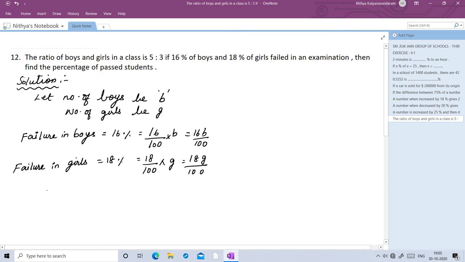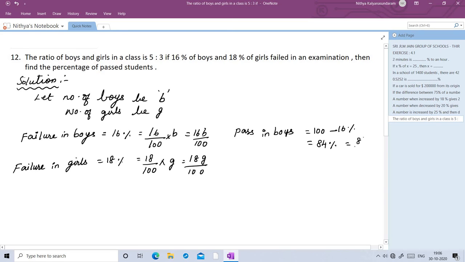So next we want to find out what the pass percentage is. So the total percentage is 100. So in that you can subtract. So pass in boys is equal to 100 minus 16%. So 100 minus 16 is 84.